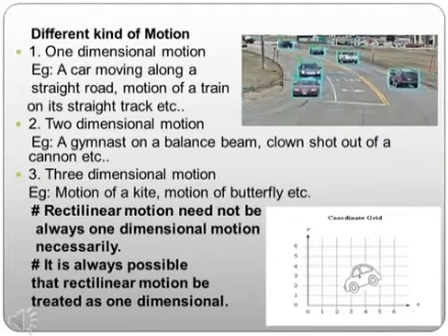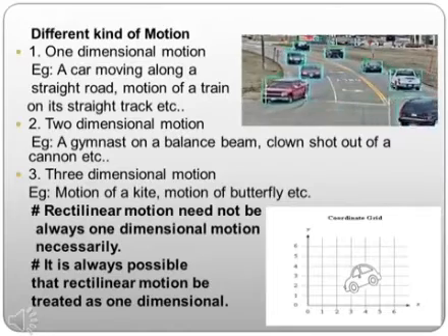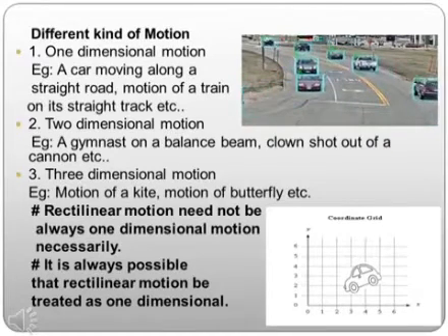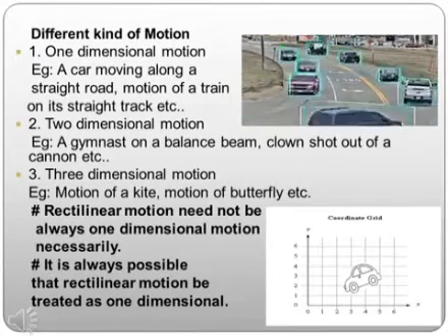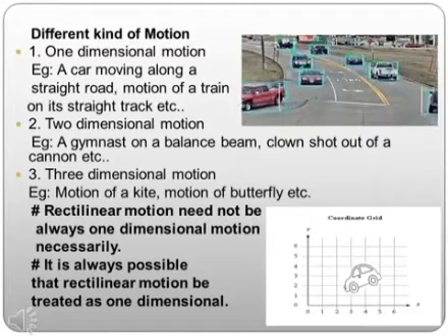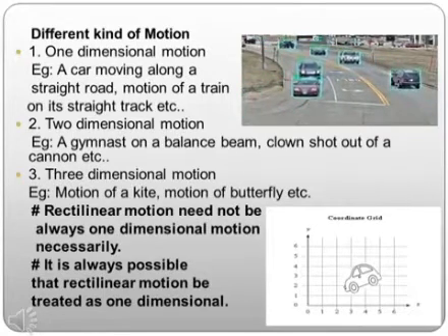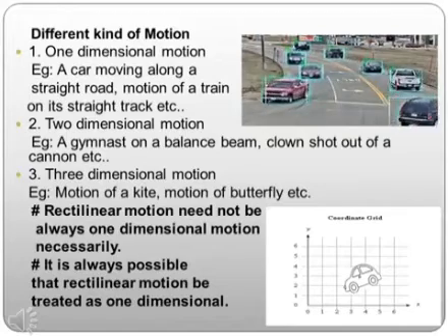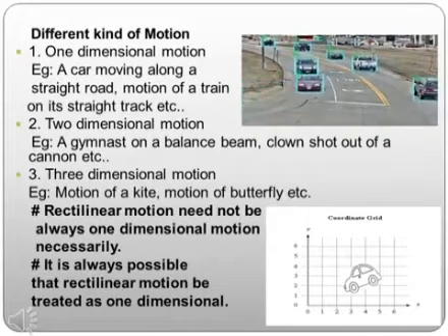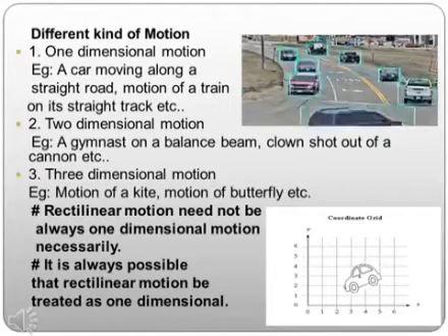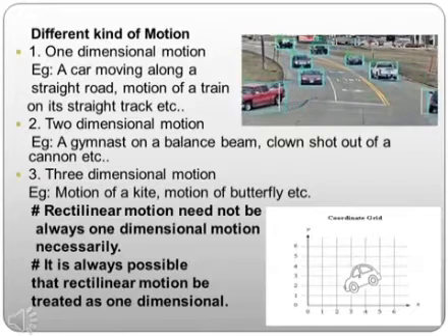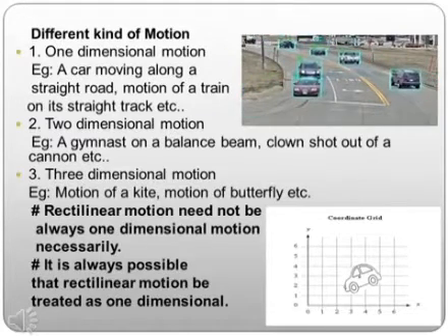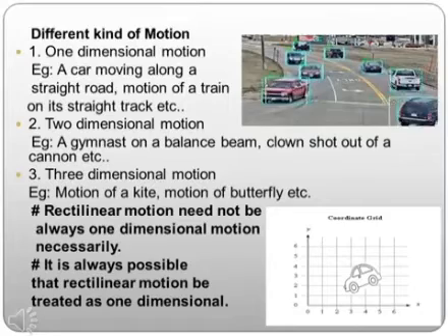If a straight moving car changes its direction as shown in the figure, one-dimensional motion is turned into two-dimensional motion. Other examples are a gymnast on a balance beam, a clown shot out of a cannon, etc.